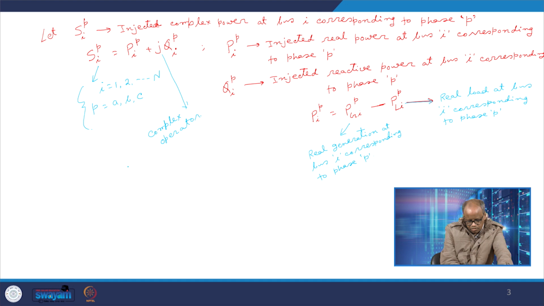Similarly, I can write Q_i^p as QG_i^p minus QL_i^p.